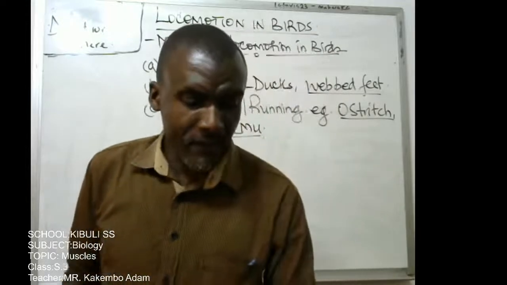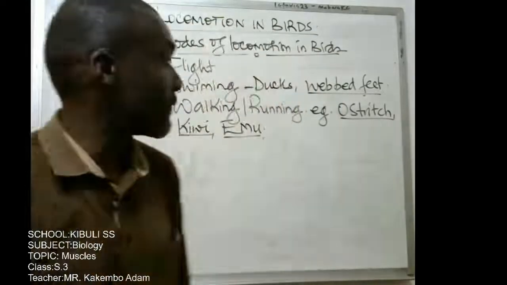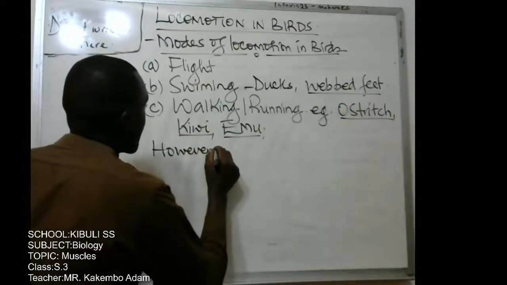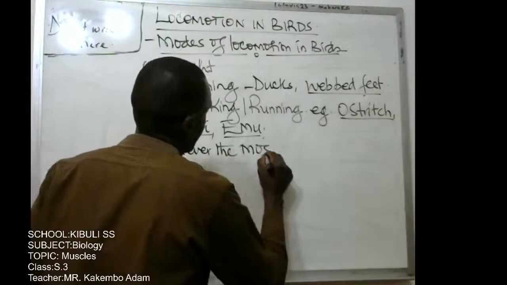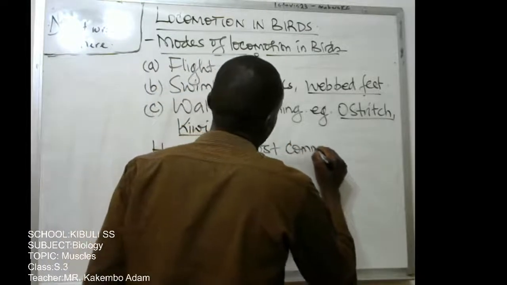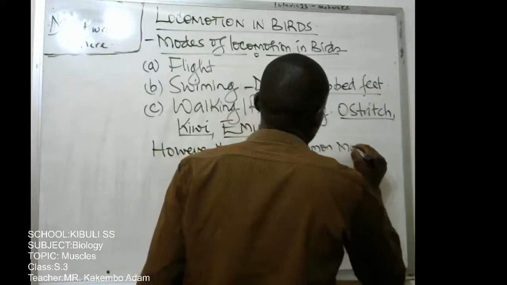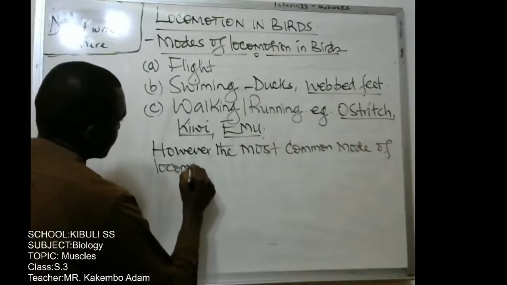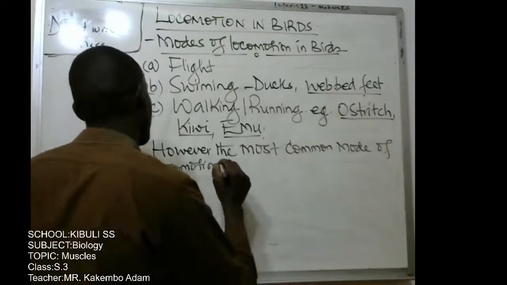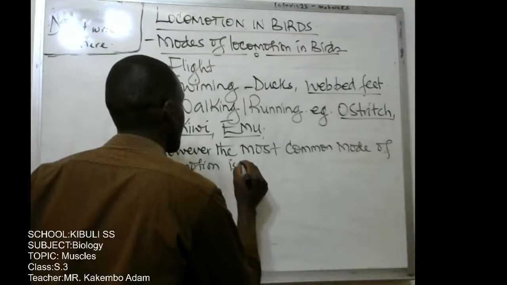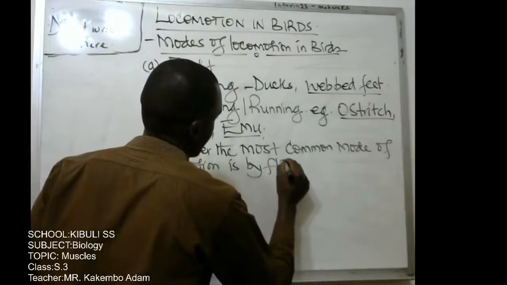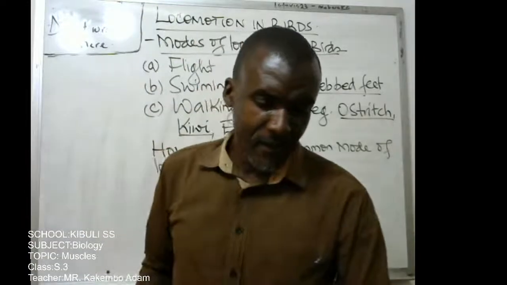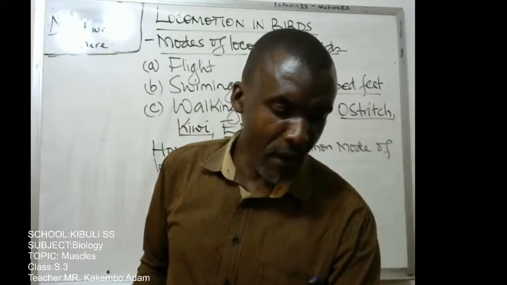However, the most characteristic form of locomotion in birds is by flight, right? The most common mode of locomotion in birds is by flight. So most birds have the power of flight.